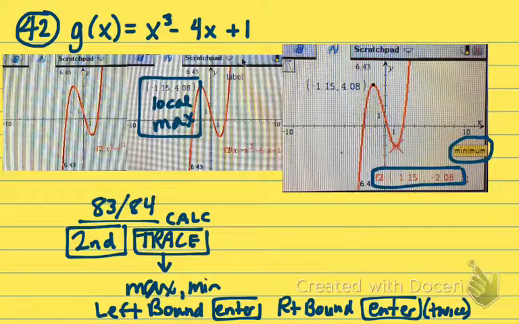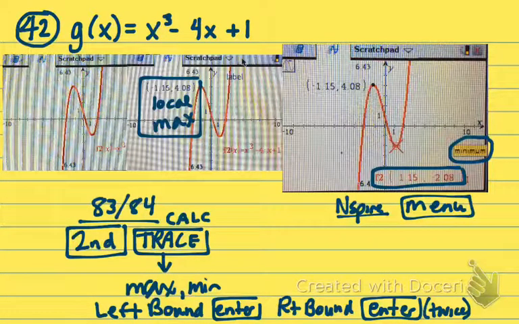If you have an Inspire, you just go through your menu and choose your options. So let me make a note here. This is for the Inspire folks I'm talking to. It's menu, analyze graph is the option you're looking for.